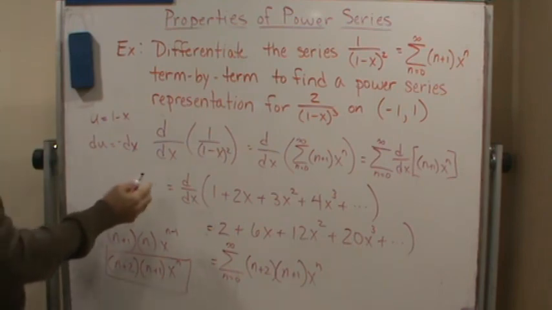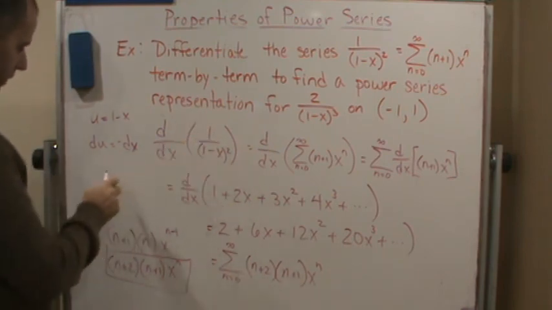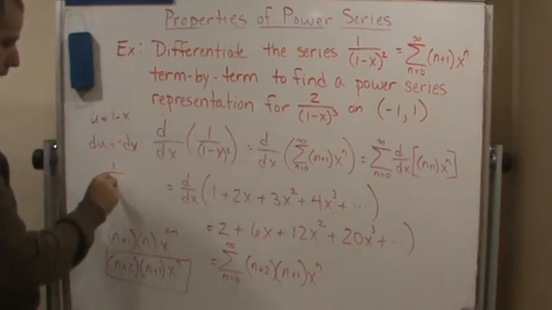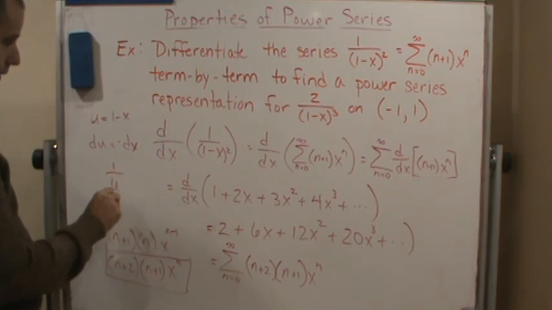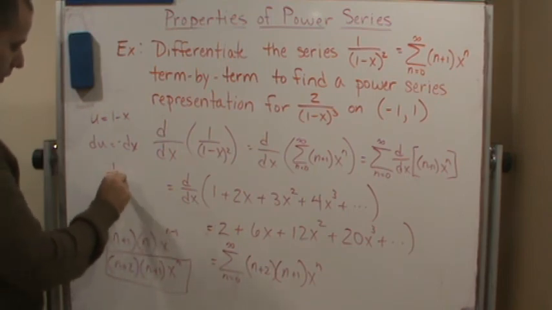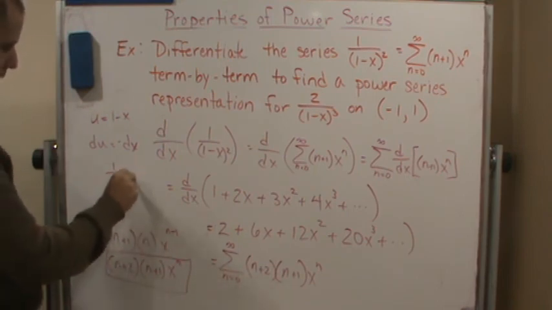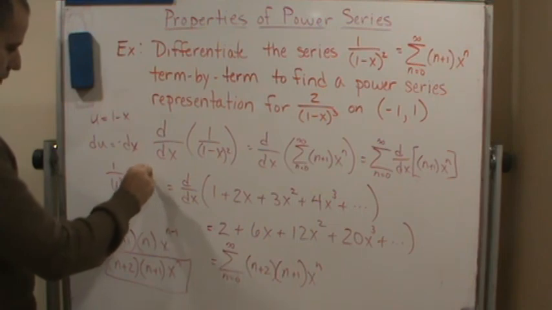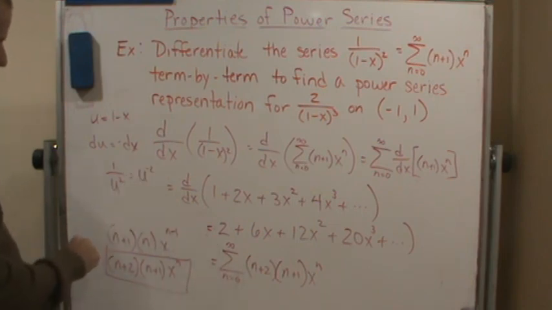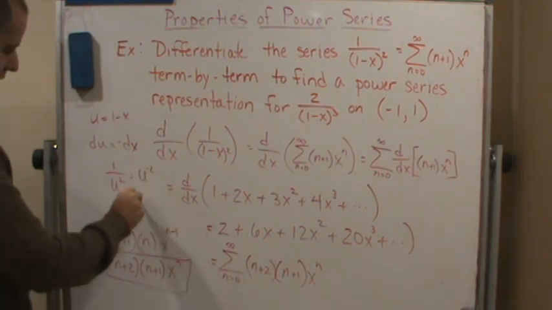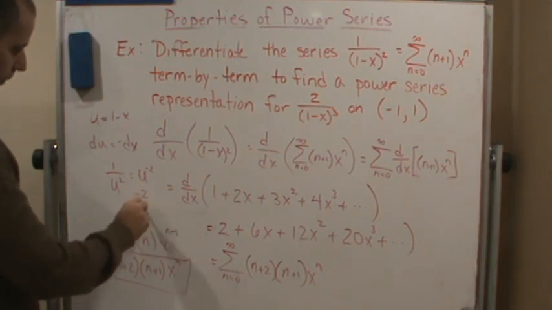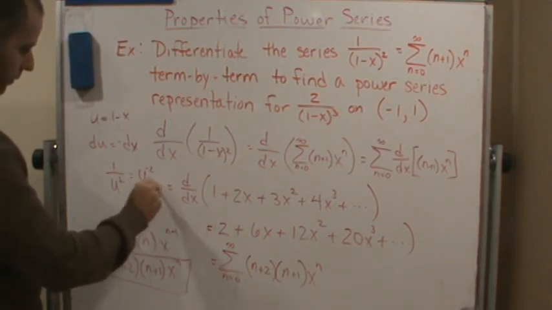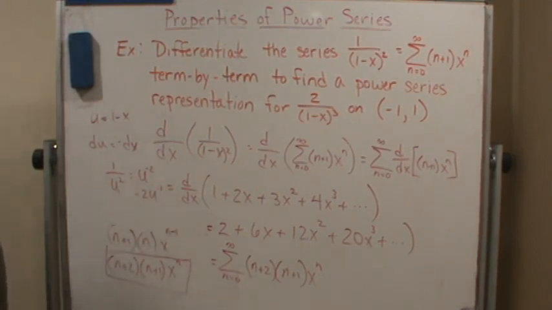If we use the chain rule here, we take the derivative, this is going to be 1 over u squared, which is u to the negative 2, and so that's going to give us a negative 2 u to the negative third. So yeah, that'll do it.